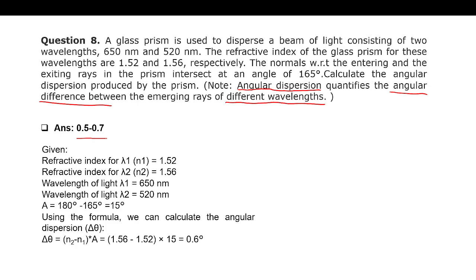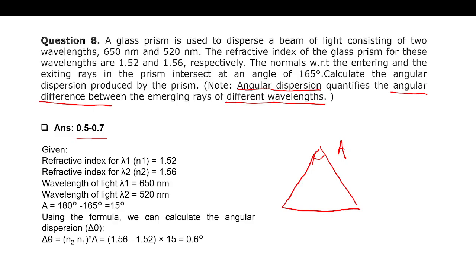A is the apex angle of the prism. This is your A, and if you have A, then you will get all the information easily.